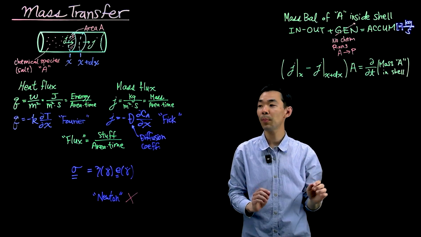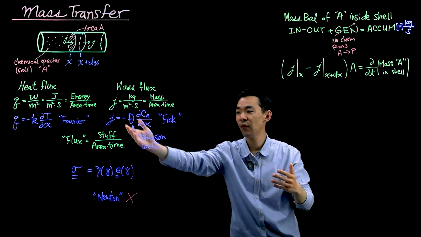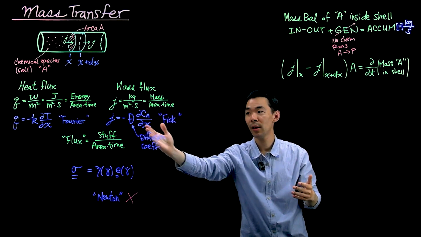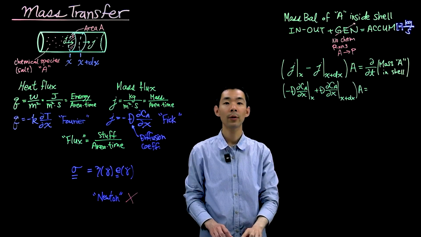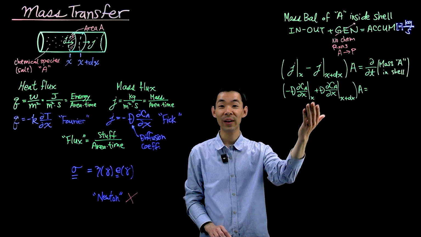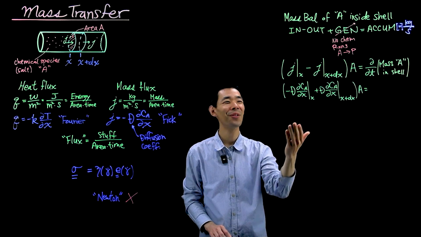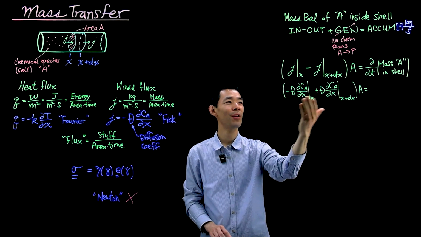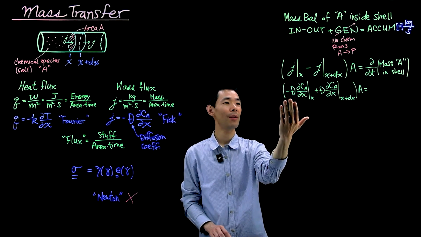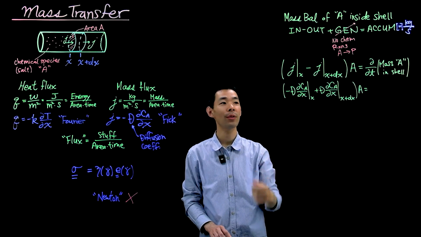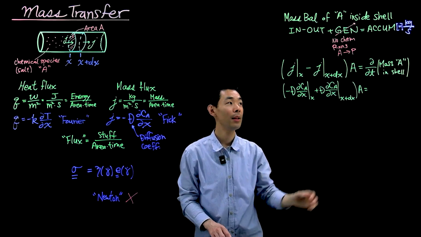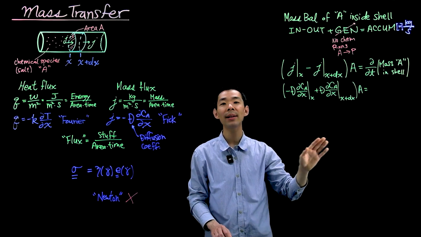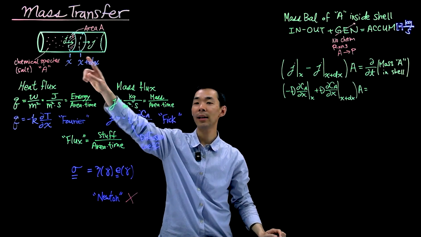Okay, so at this point, we can use Fick's constitutive relation, put it into these mass fluxes, and simplify. So all I've done here is to plug in Fick's first law, or Fick's constitutive relation, over here on both terms. The negative of diffusivity times partial C_A partial x at the x face and at x plus dx face.